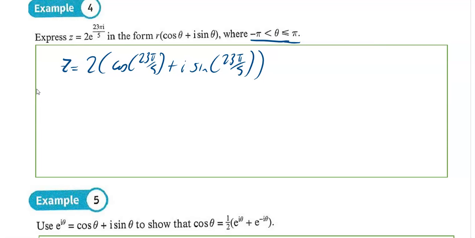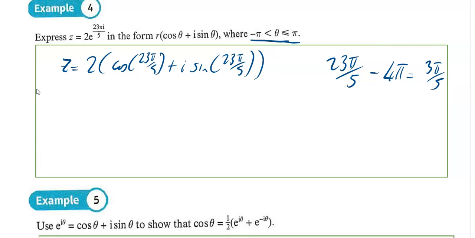They've said that this is between minus pi and positive pi. So ours are clearly not within that range. So let's just at the side look at our 23 pi over 5. So think about what that is. That is 4 complete lots of pi plus 3/5 of a pi. So let's just take away 4 pi from it, and you're left with 3 pi over 5.